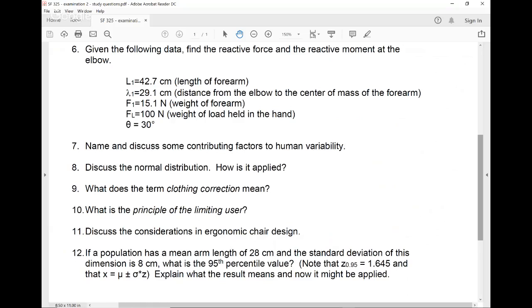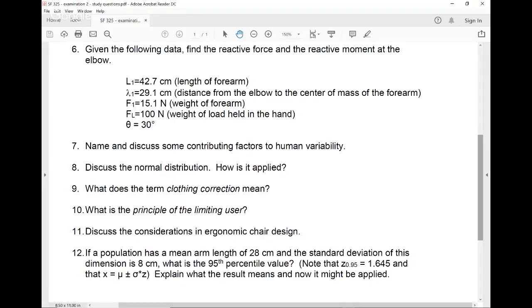All right. So we have the length of the forearm. L1 is going to be this whole thing right here. We have the distance from the elbow to the center of mass. This is going to be that lambda 1. Just know that's what that is referring to. So let's call this elbow and arm.